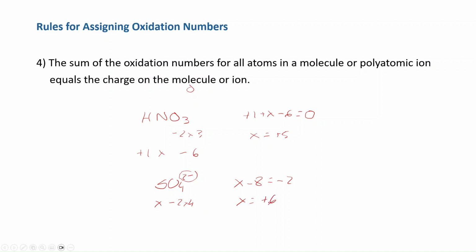By the way, do take the time to write plus 5, plus 6, because it's important. We're going to be seeing later on oxidation numbers go up, go down. Don't assume that if there's no sign it's positive. Take the time to write positive and negative because it will be important later. It doesn't take that long.